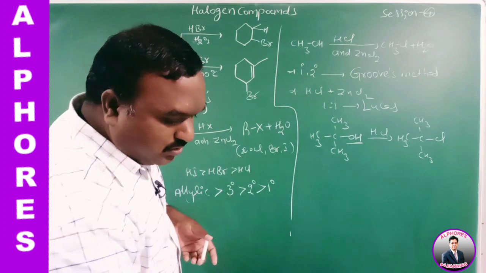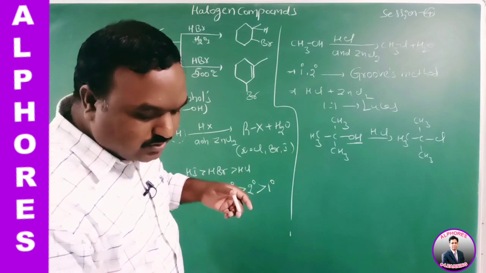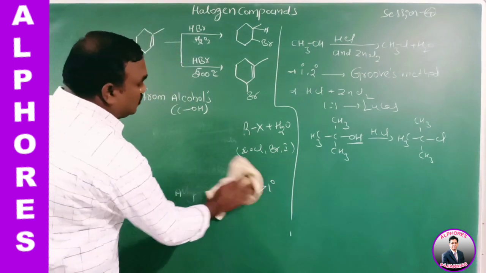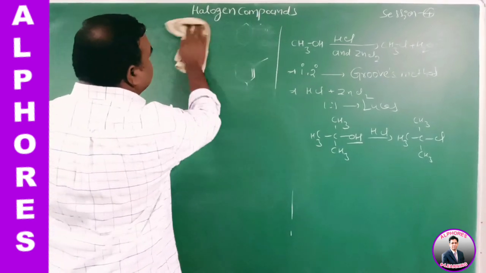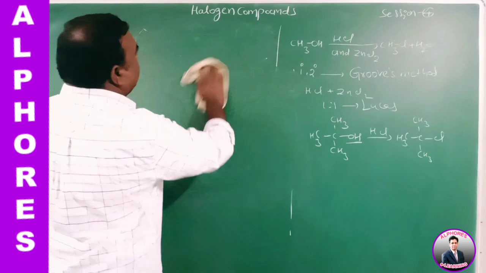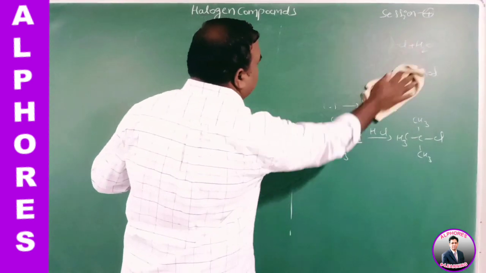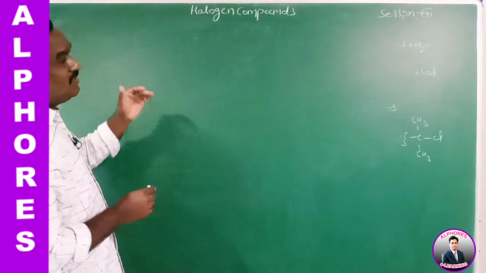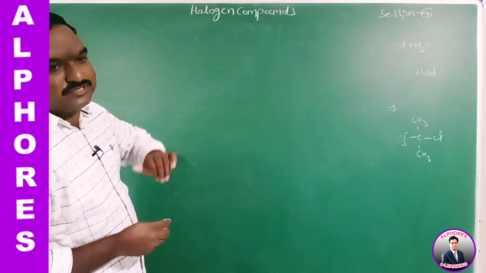When you write the mechanism, such an example is given, and based on the structure we can write it. The given compound has a primary or secondary OH group, but the adjacent carbon has tertiary nature. For this type of molecule, rearrangement is also possible.